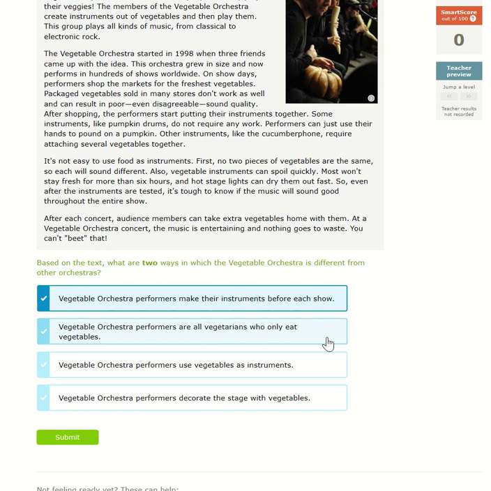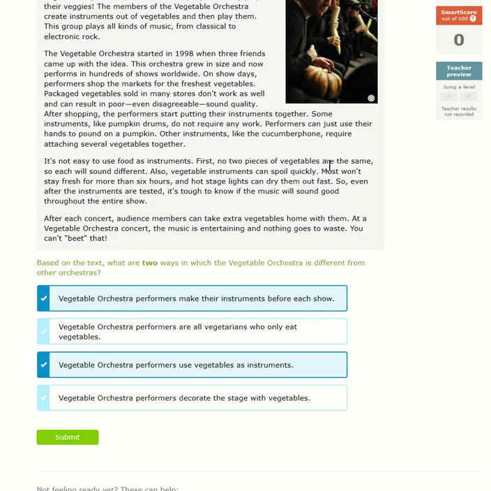Vegetable orchestra performers are all vegetarians who only eat vegetables. That's something that maybe somebody could infer, but the text does not actually say that that is true, so that can't be one of our options. Vegetable orchestra performers use vegetables as instruments. That is a true statement.